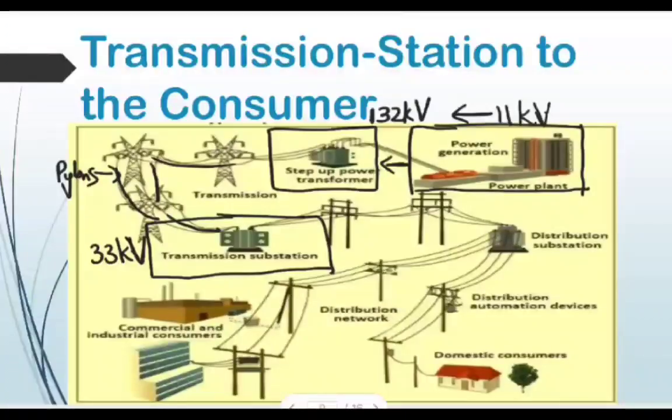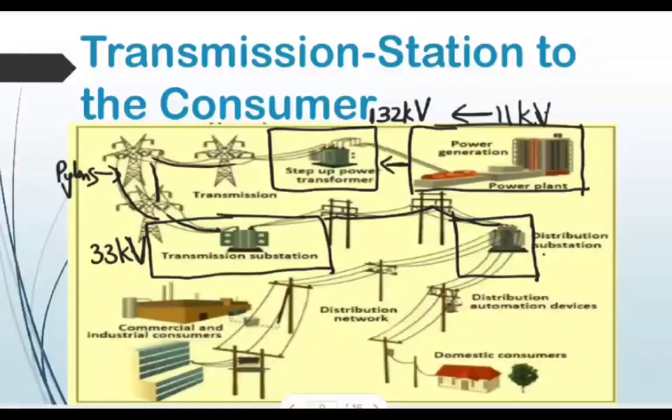Now, from here, again through wires and cables, electricity is transmitted to distribution substations. This is the distribution substation. Till now electricity is still at 33 kilovolts.